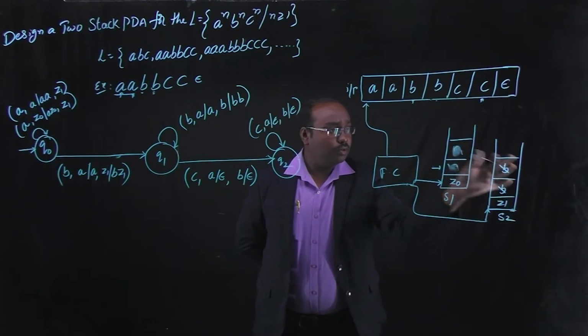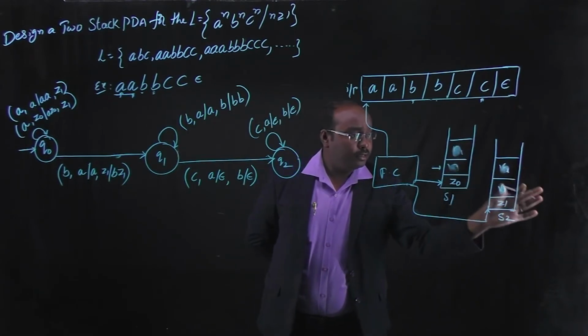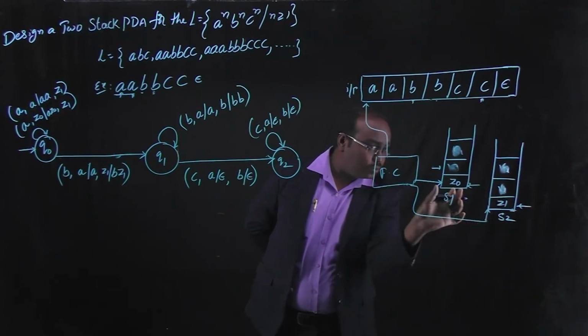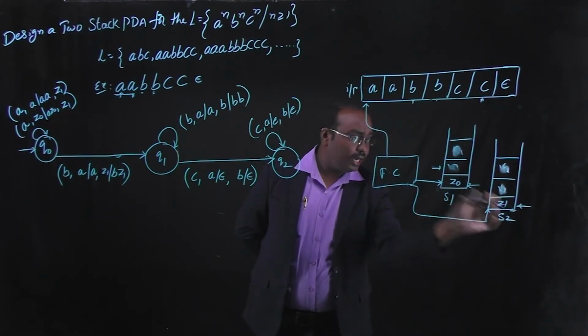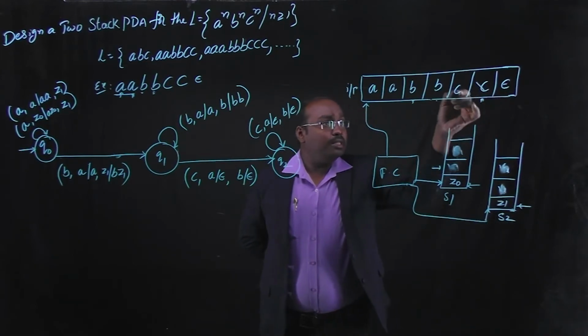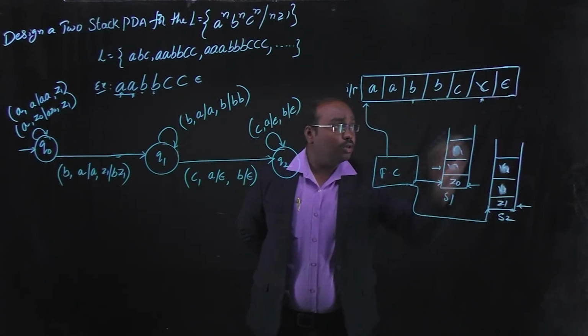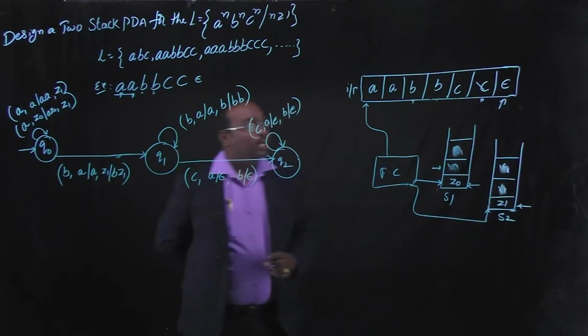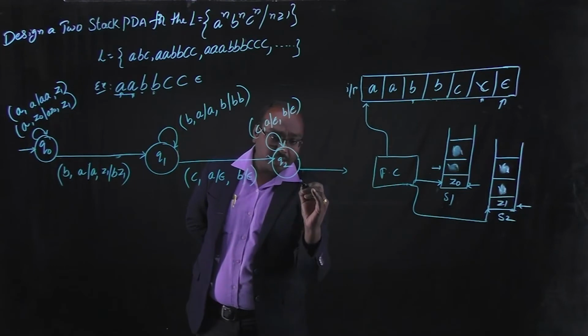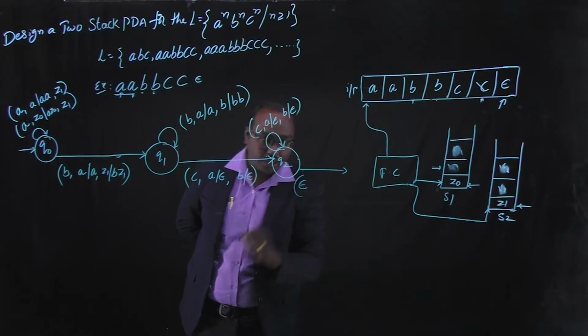Okay, so now in stack 1 the top of the element is Z0, and in stack 2 the top of the element is Z1. Now all the input symbols are also over. So now we are reading the input symbol epsilon.